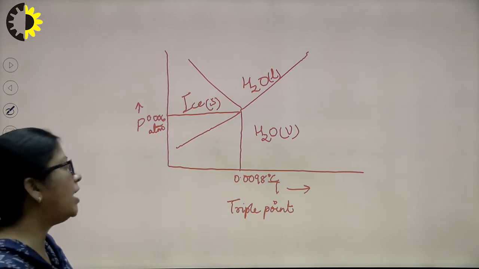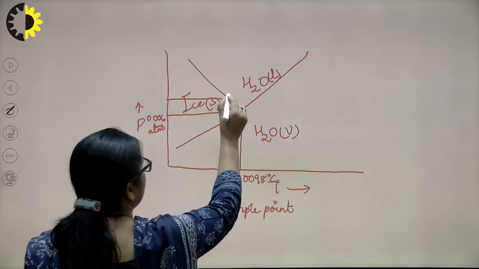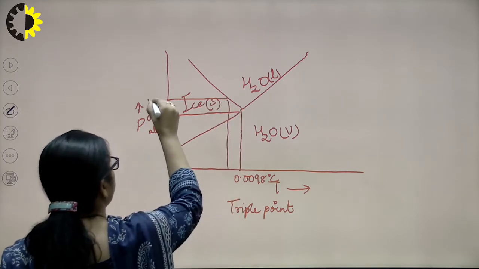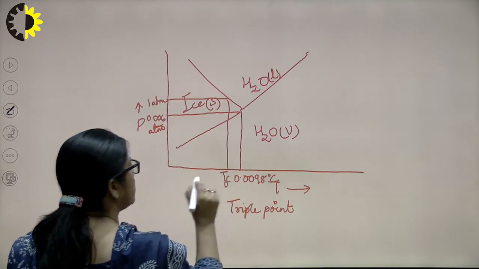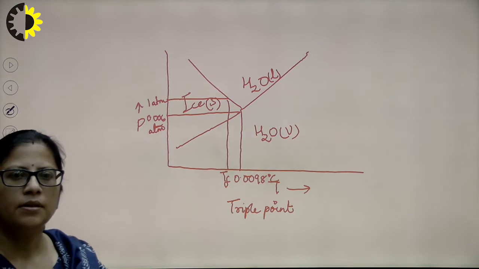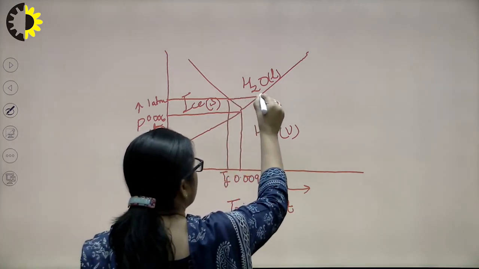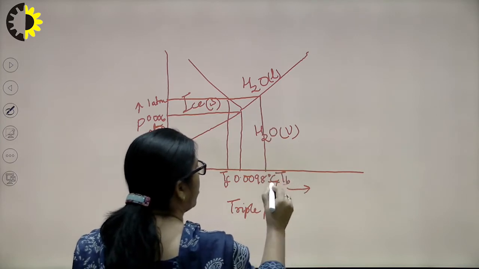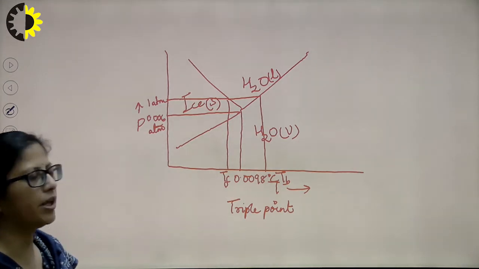At 1 atmosphere, this line cuts the melting point curve. This is the freezing point, and at 1 atmosphere this line cuts the vaporization curve. This is the boiling point of water, that is 100 degrees centigrade, and the freezing point, that is 0 degrees centigrade.